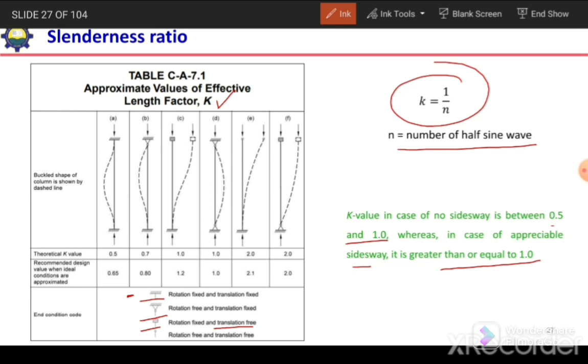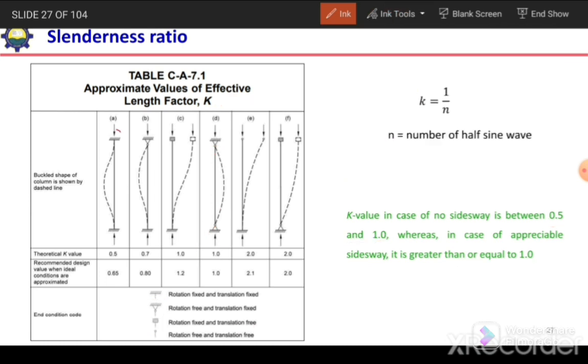So here in case D, we have a pin support at the top and a pin support at the bottom. When this column buckles, only a single half sine wave will form. So we will have N equal to 1. So K will be equal to 1 over 1, which is 1. So our K value will be equal to 1 when we have pin supports at the ends.